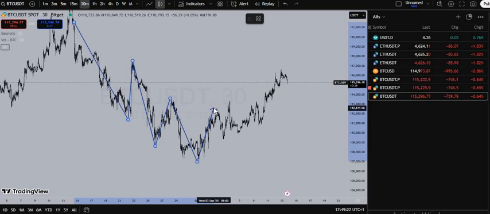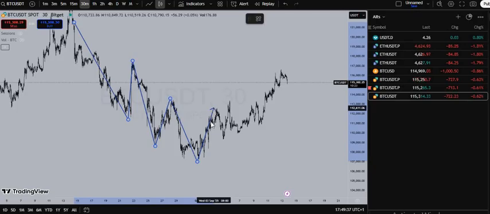Now, something very important happened here. Because this is a downtrend, you usually want to see the market breaking previous lows for continuation of the downtrend.